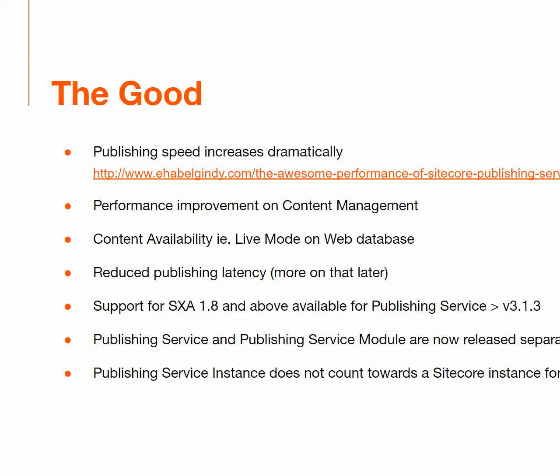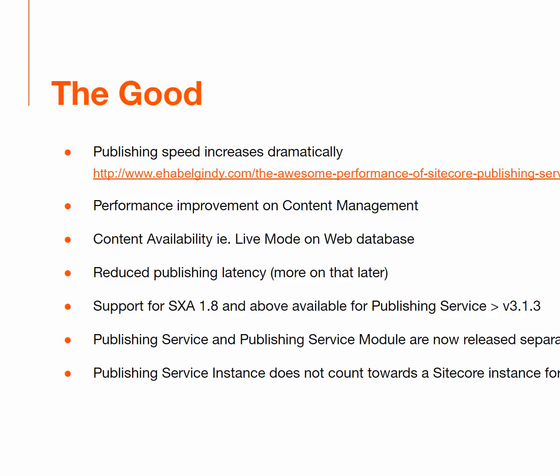As of 4.1, the publishing module is a little package zip that you install on your CM, and publishing service is a .NET Core app. They are now released separately. Which means the rules that are calculating what needs to be published are in the .NET Core app. All the events that need to be generated in the event queue, content search, index updating, they are all being released separately now.